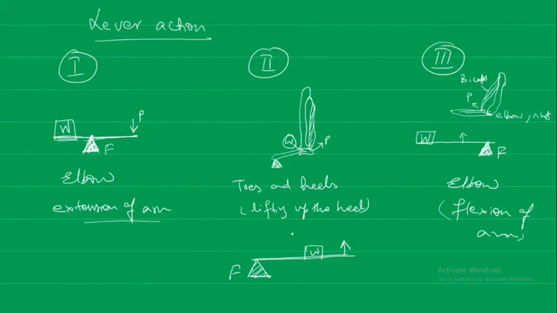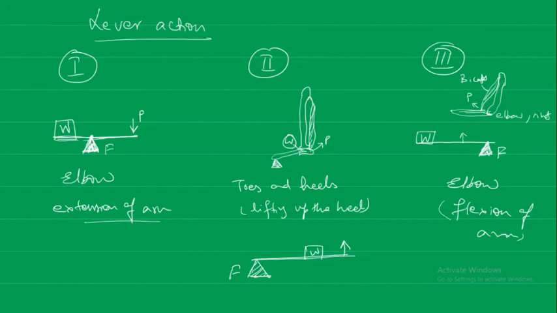Okay, so ultimately there are these three types of lever mechanisms that are used in the various types of movements in our body, so that we are able to lift certain heavy objects or perform certain movements in the body with much more ease.